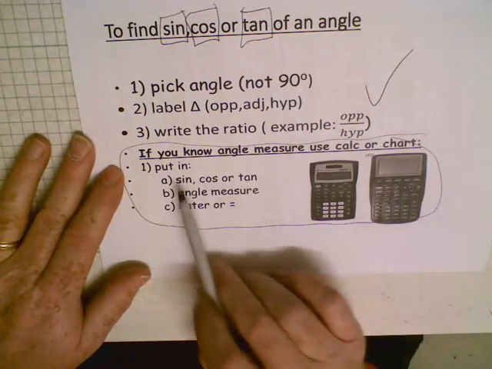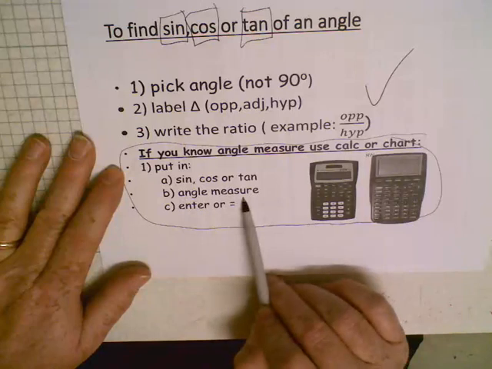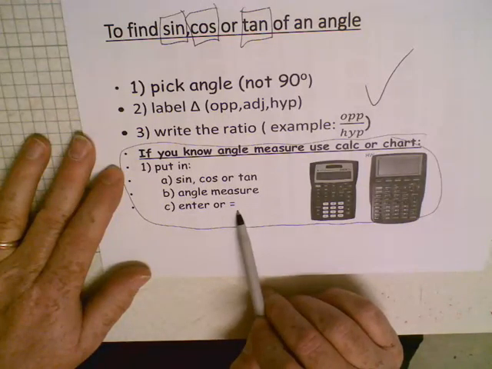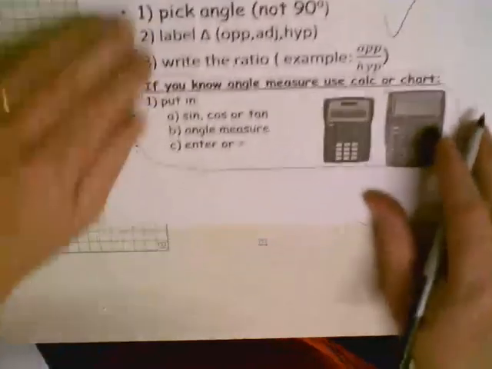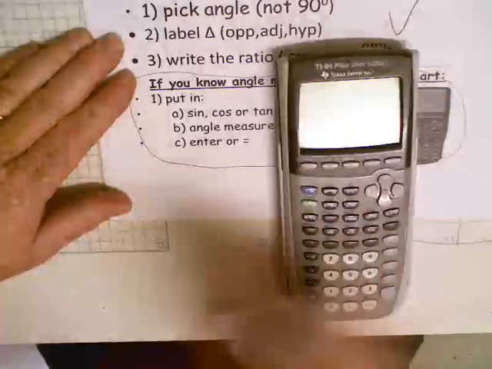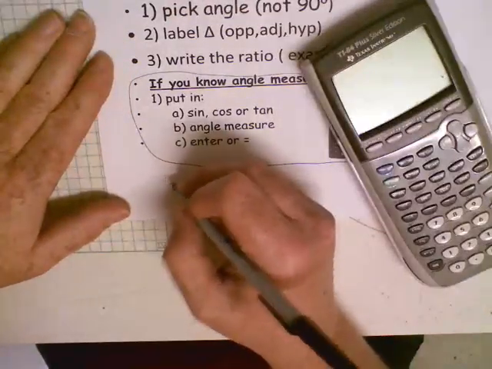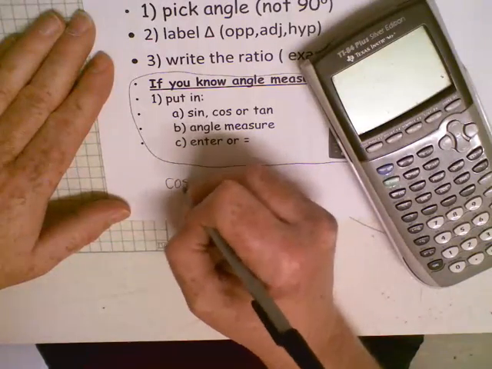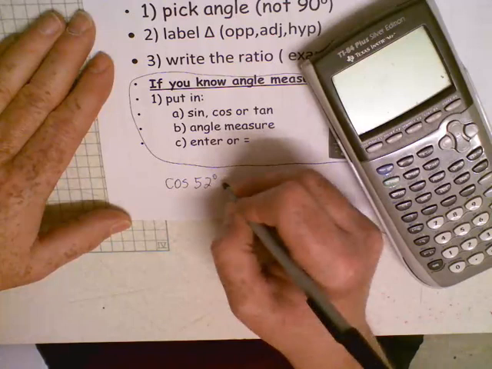So what we're going to do is put in sine, cosine, or tangent, put in the angle measure, hit enter or equals, and that's going to give us our answer. It's that simple. So if I'm using a big calculator, and let's say I want the cosine of a 52-degree angle.